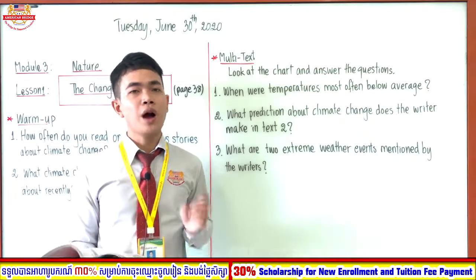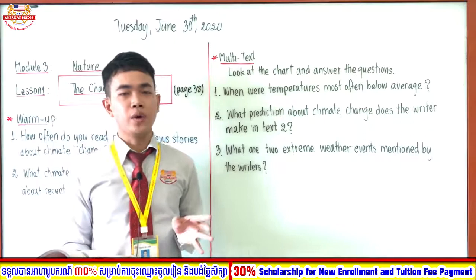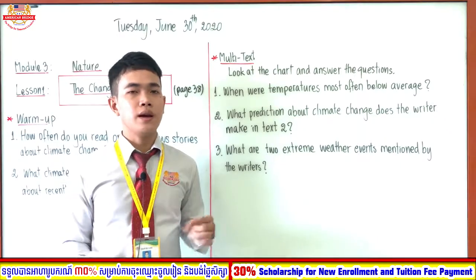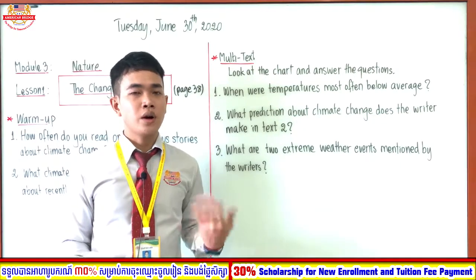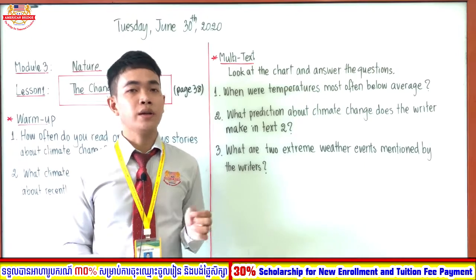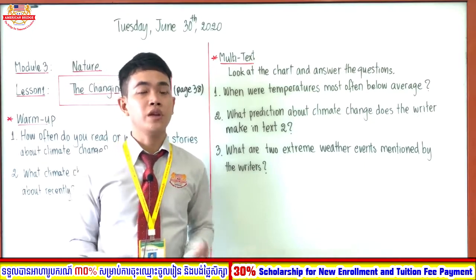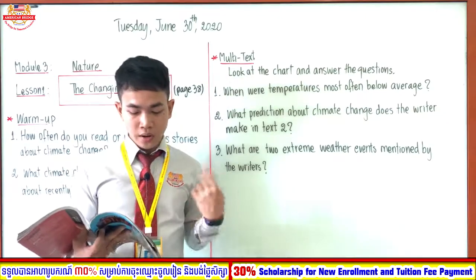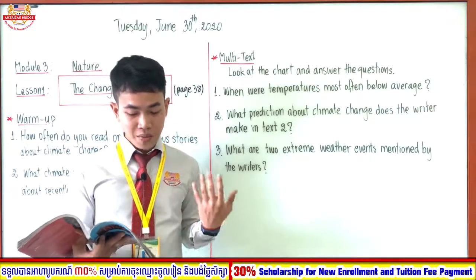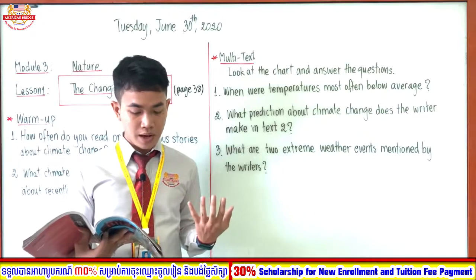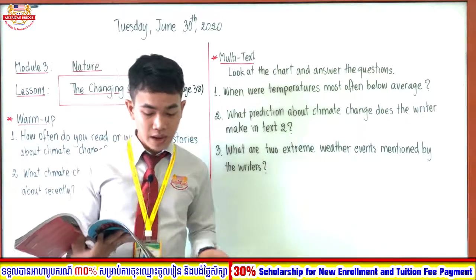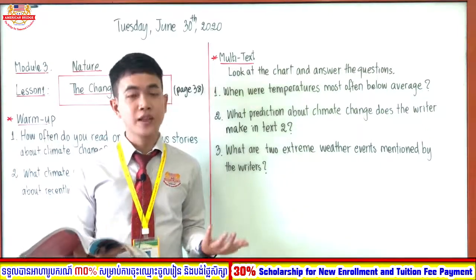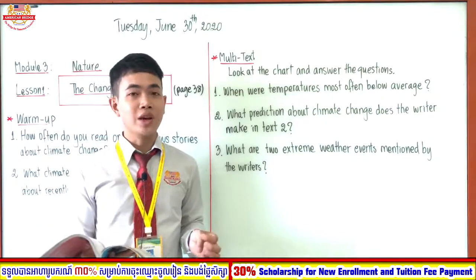For our first speaker in text 1, the speaker says the cause of climate change is not human at all. It's nature itself. He said the temperature may be rising now, but they will fall again. And then some scientists say that greenhouse gases from cars and factories are causing climate change.